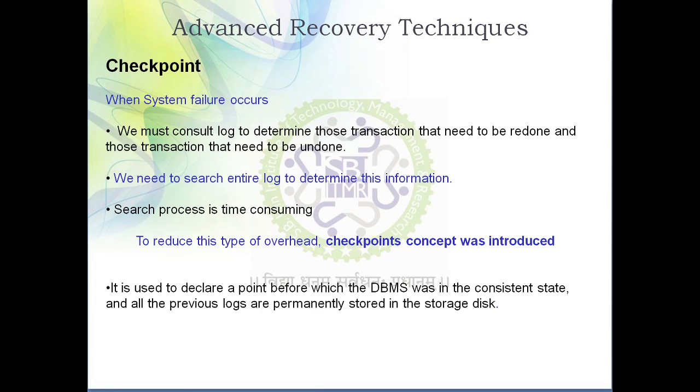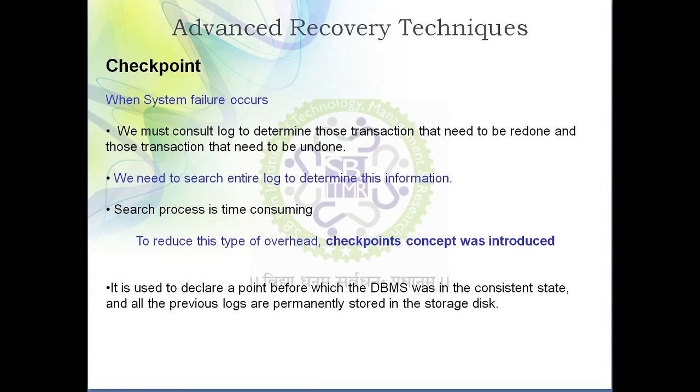So what do we mean by checkpoint? A checkpoint is that point before which all the logs were taken on the secondary memory or storage disk, on which all the previous logs are permanently stored. Means up to that particular checkpoint, all the logs were taken out and stored in the storage disk permanently.